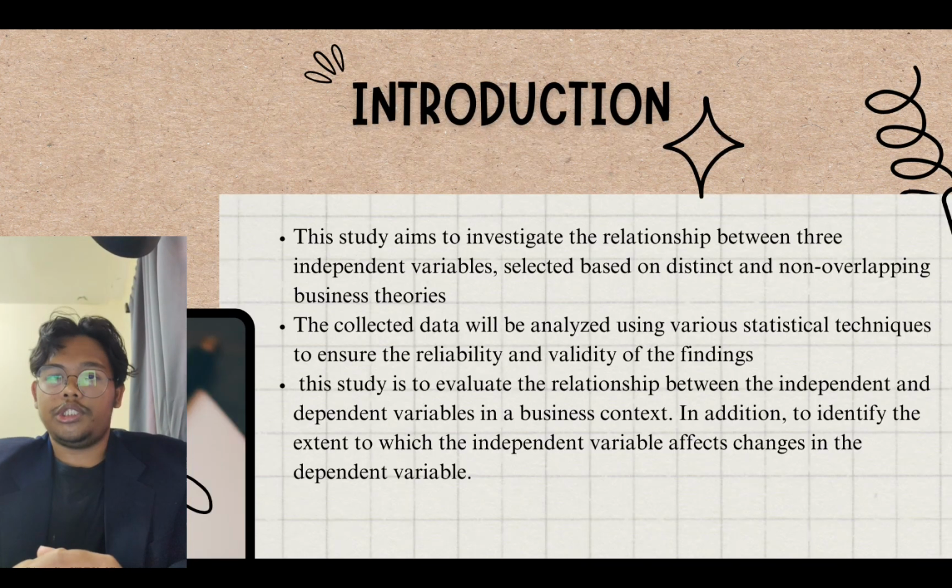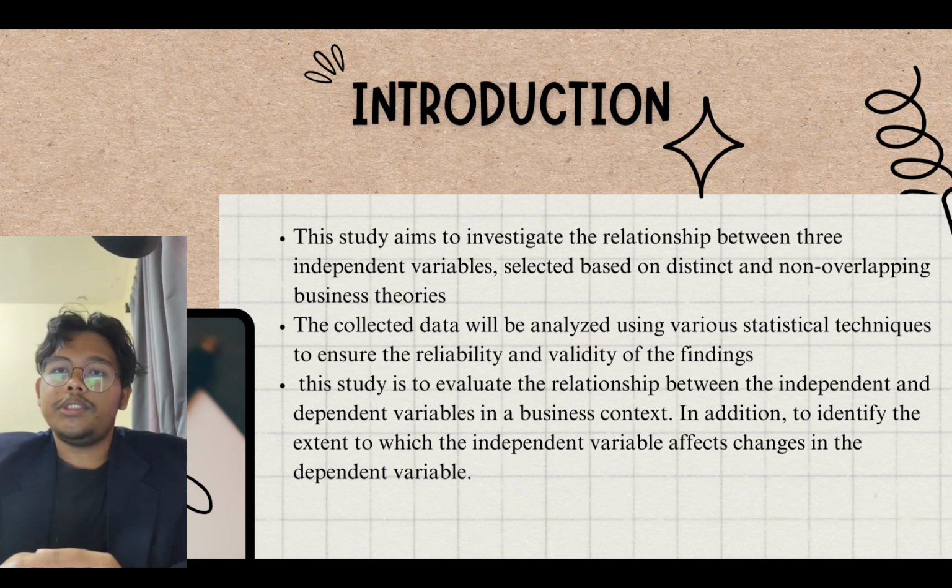The introduction. This study aims to investigate the relationship between the independent variables and the dependent variable. All of these have been selected based on distinct and non-overlapping business theories. The collected data will be analyzed using various statistical techniques to ensure the reliability and validity of the findings.